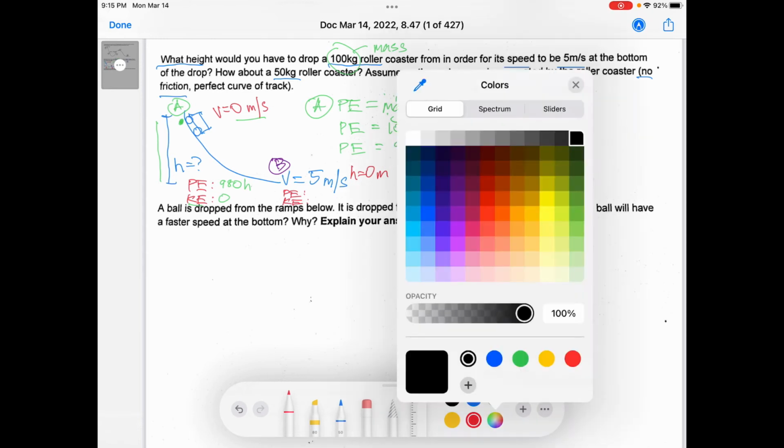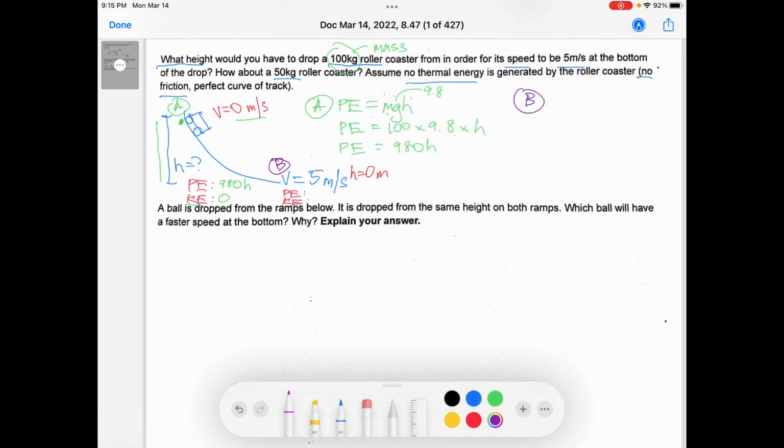The potential energy of the cart at point B is m times g times h, so again 100 times 9.8, but now the height is 0. The potential energy of the cart at the bottom of the slope, point B, is 0. So I'm going to write 0 right there.